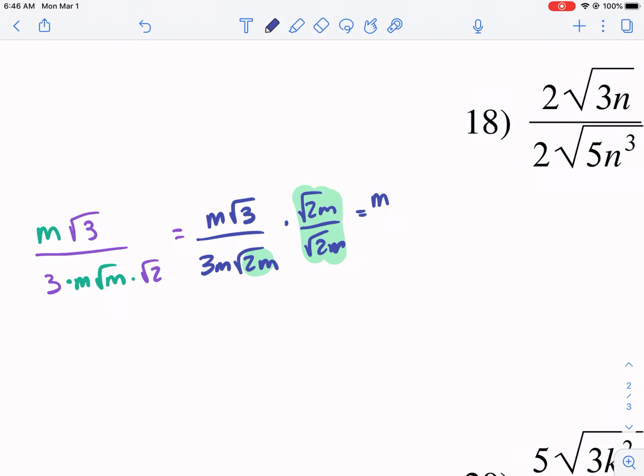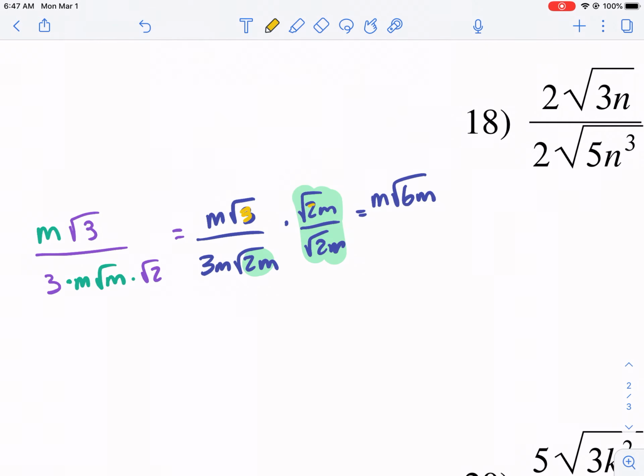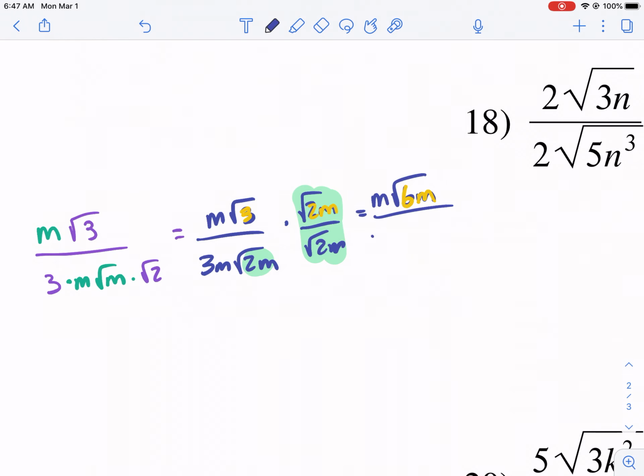So we get m radical, and then we're going to multiply underneath the radicals to get 6m. Anytime we have numbers underneath the radicals, they can get multiplied together, so 6m. This is over 3m times, it undoes the radical when you multiply them by each other, 2m.